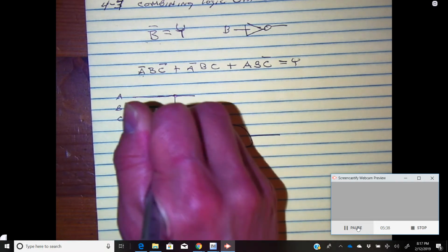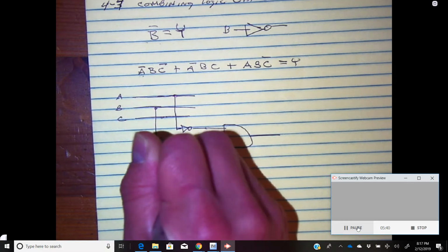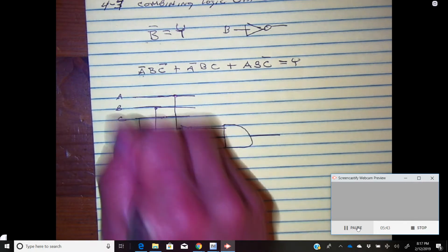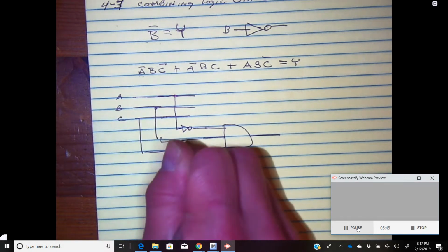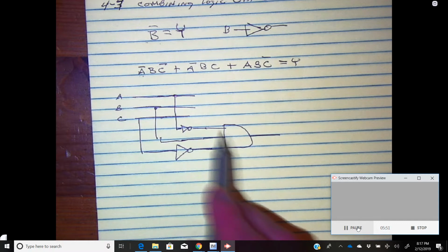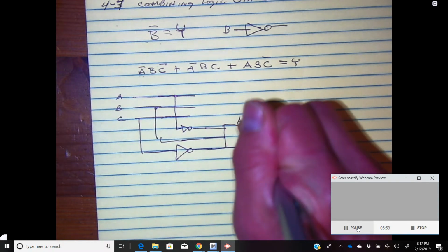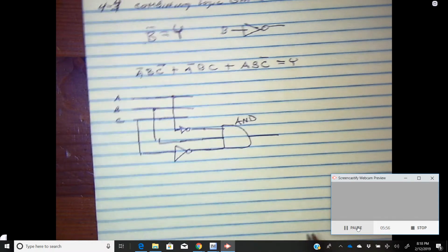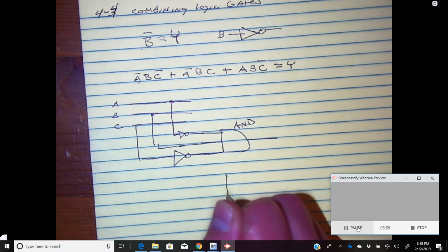This is going to be B, and this is going to be C naught. There's my first one. So A naught, B, C naught: a 3-input AND gate. This is my AND.